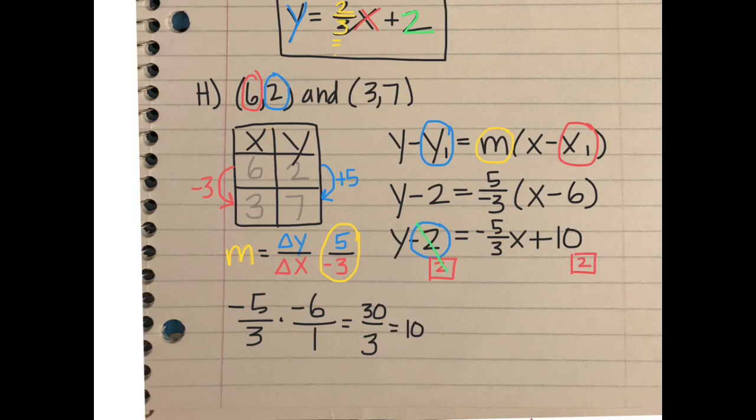So I'm using those skills that we went over last week with solving equations. The same moves I can make to that type of equation, I can make on this type of equation. Y equals negative 5 thirds x plus 12.